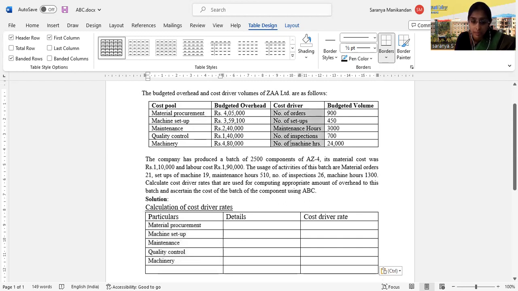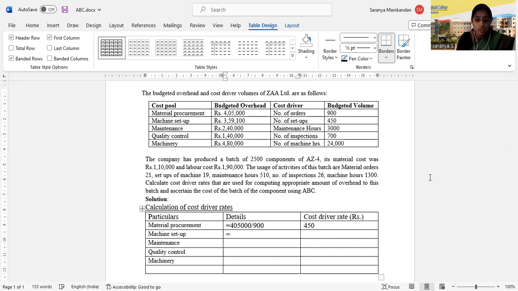The calculation will be: procurement amount is 4,05,000 divided by number of orders, 900. So that will be 450 rupees. Everything is in rupees, so I'm giving a common heading as rupees.